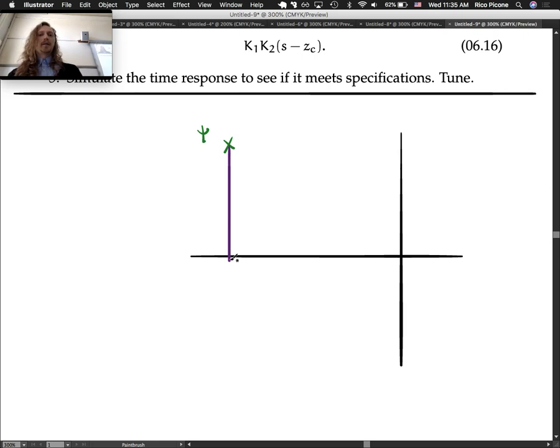So this value should be equal to zeta omega n, which is the real part of psi.